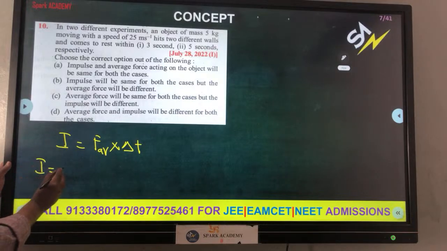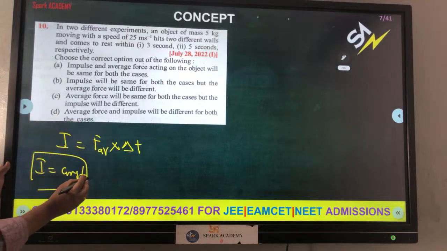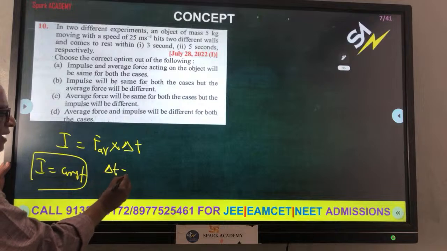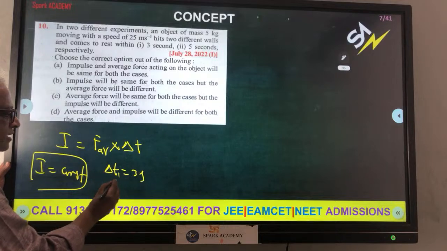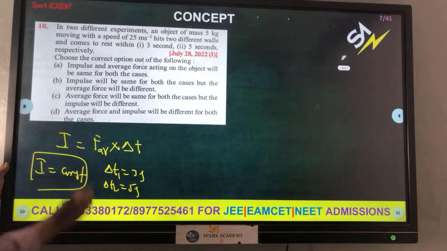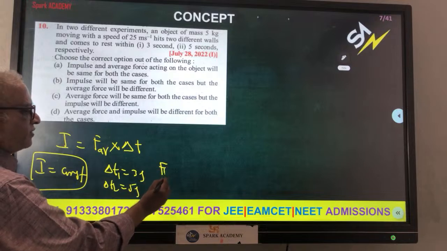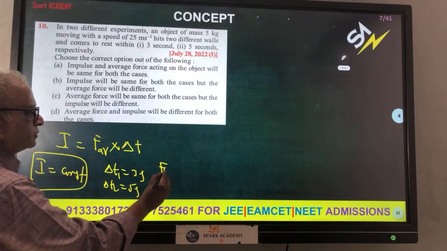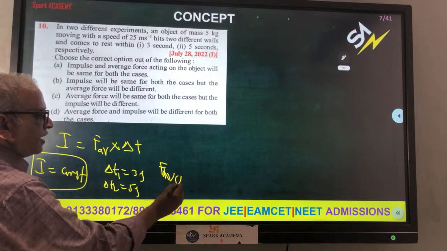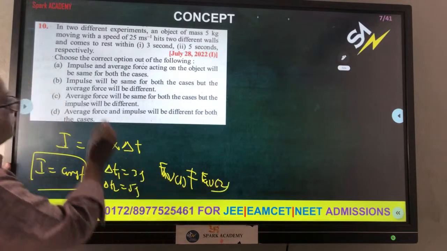Time is less, force will be more. First case, delta t is 3 seconds; next, delta t is 5 seconds. Then definitely force will not be the same. F average of the first case will not be equal to F average of the second case. So the first answer is wrong.